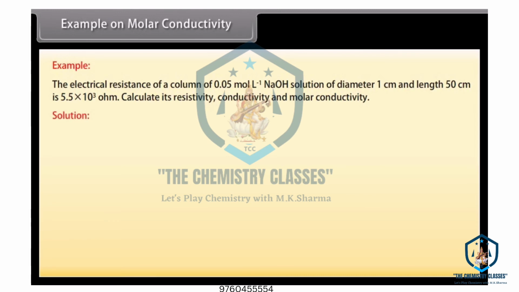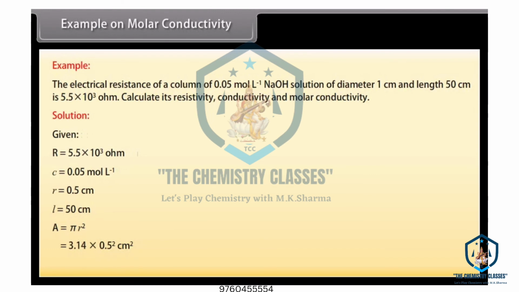Let's see the solution. Here given values are R is equal to 5.5 into 10 raised to the power 3 ohm, C is equal to 0.05 mole per liter, r is equal to 0.5 centimeter, L is equal to 50 centimeter. We know that area is equal to pi r square.